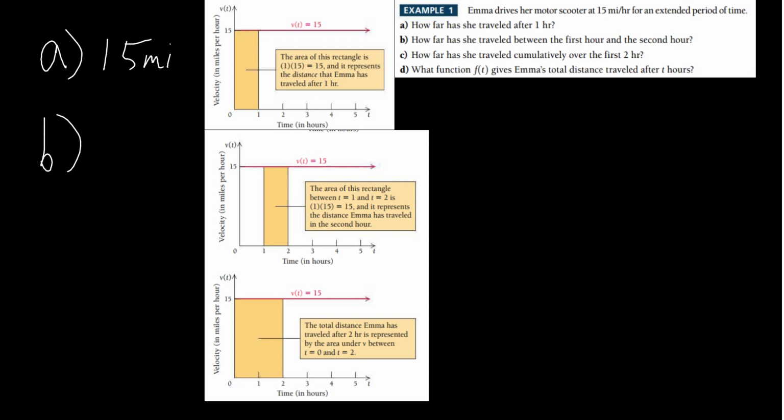Again, looking at the area of this rectangle, from 1 to 2 is 1 unit, and vertically it's 15. So again, the width is 1 and the length is 15, so she traveled 15 miles in the second hour.